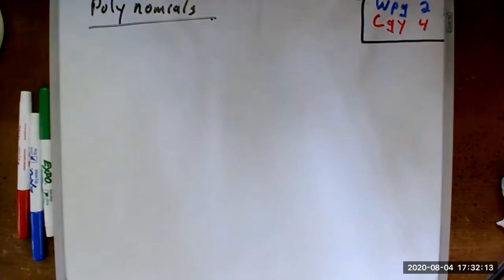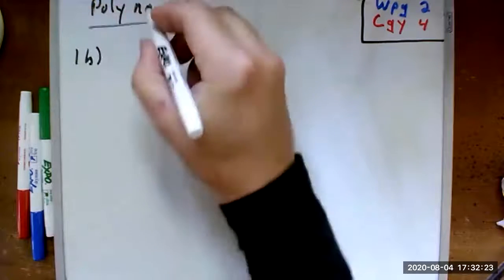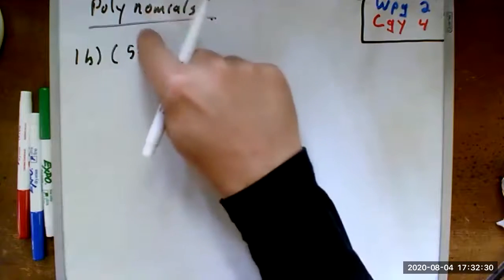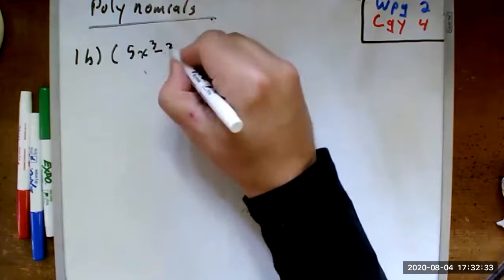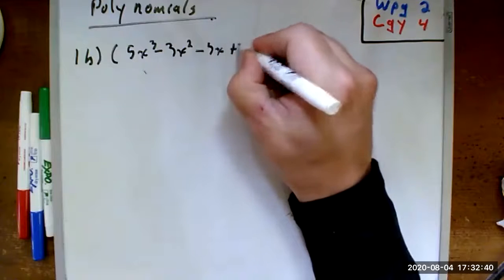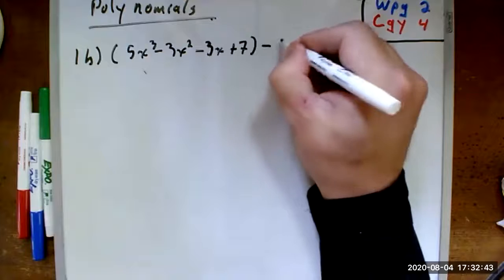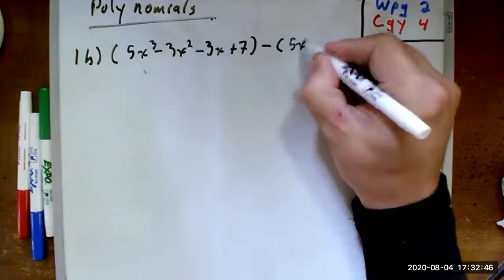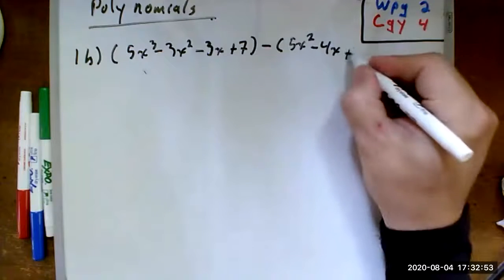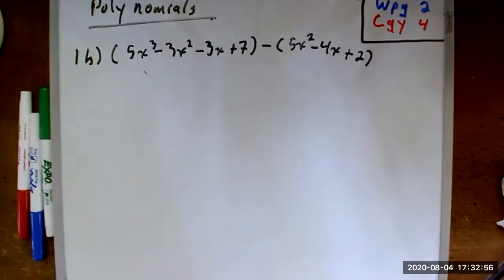So this is from polynomials. Just call up the homework. 1B says 5x cubed minus 3x squared minus 3x plus 7 minus all of 5x squared minus 4x plus 2.